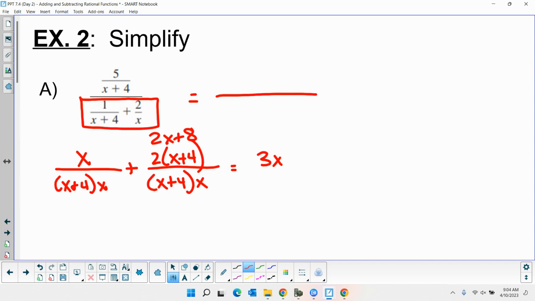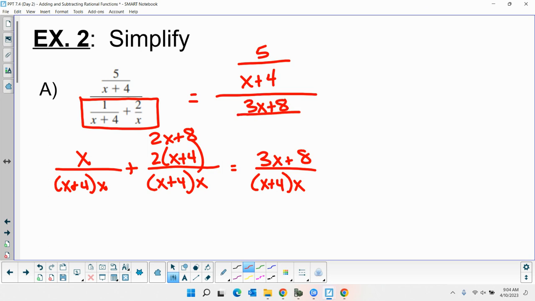What's nothing plus 8? 8. All right, so that's what this turned into. So here's my problem now. This fraction over this fraction. Basically, I'm dividing 2 fractions now.